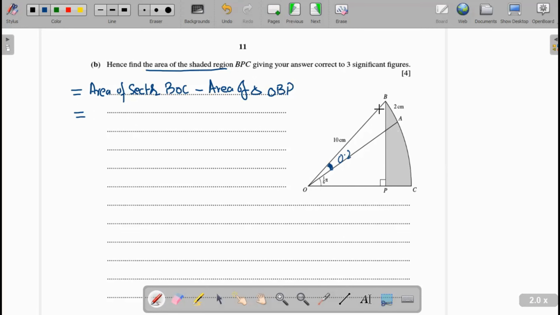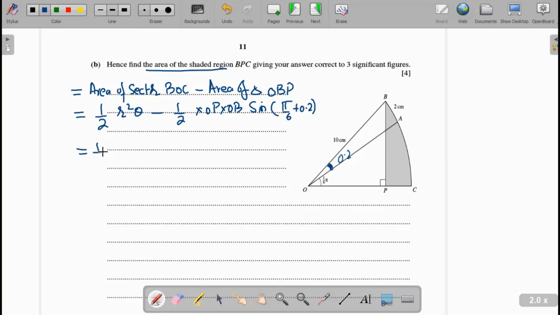The area of a sector is 1 over 2 r squared theta, minus the area of the triangle, which is 1 over 2 into the product of adjacent sides OP into OB and the sine of the angle between them, which is pi over 6 plus 0.2.